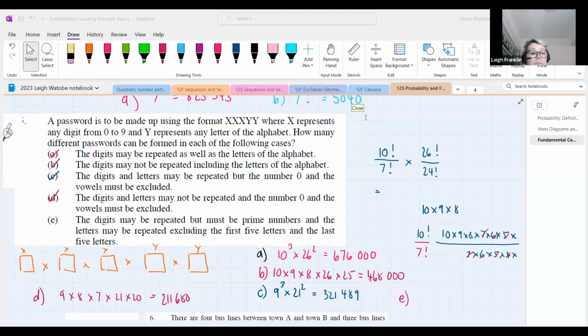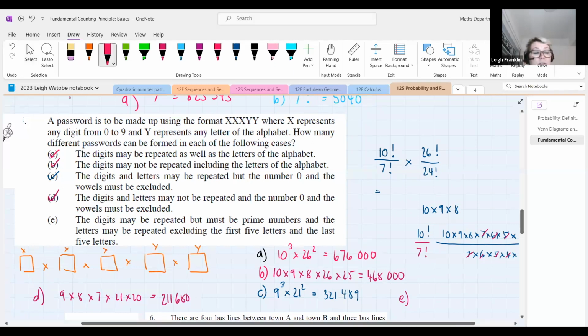Iola, you are excluding 0. Okay, so that gives you 9 digits. Remember, the first 3 blocks contain digits. So if you've used one of the 9 and you're not allowed to repeat, there are 8 possible digits for the second block and 7 possible digits for the third block.